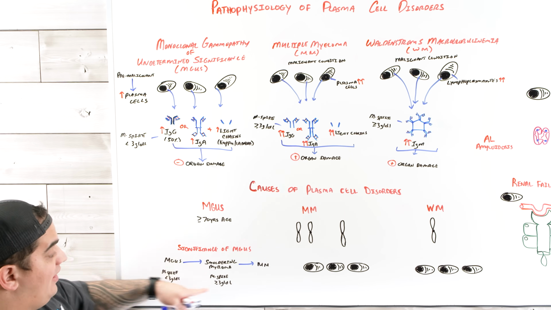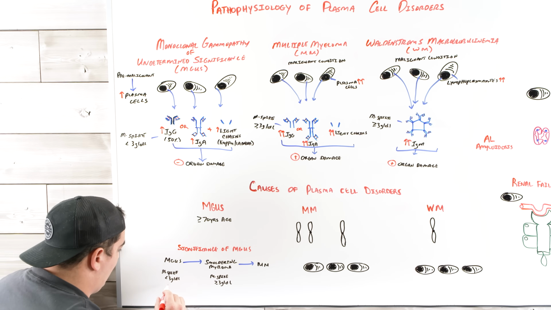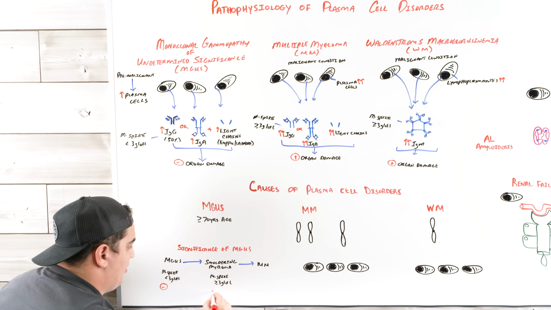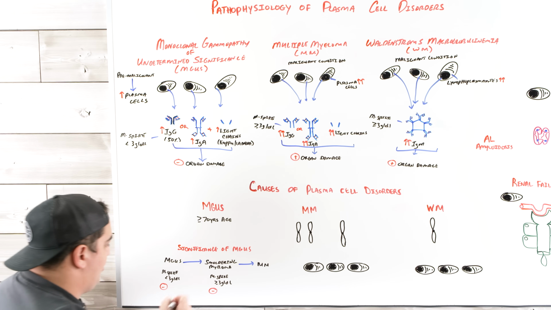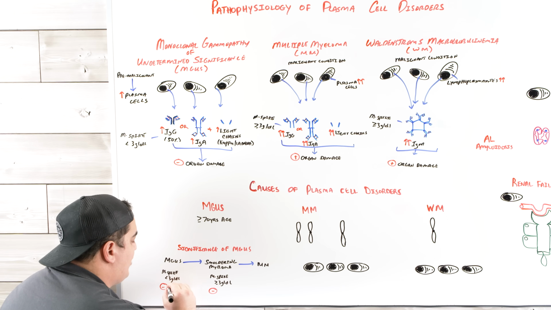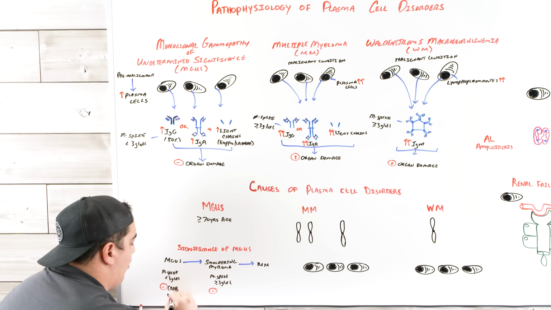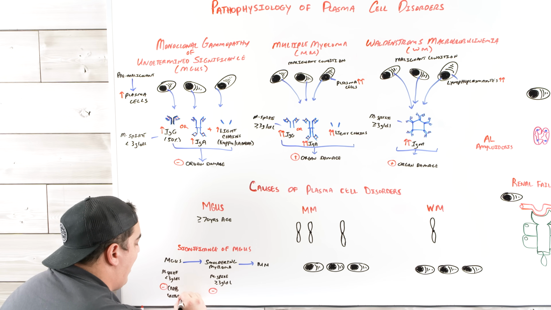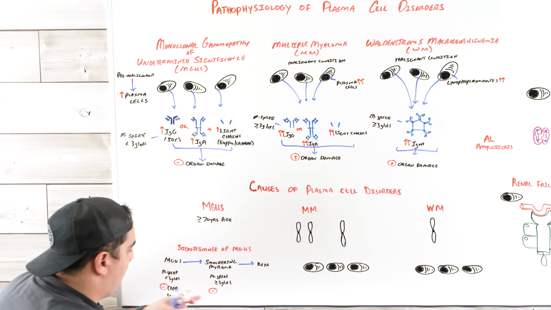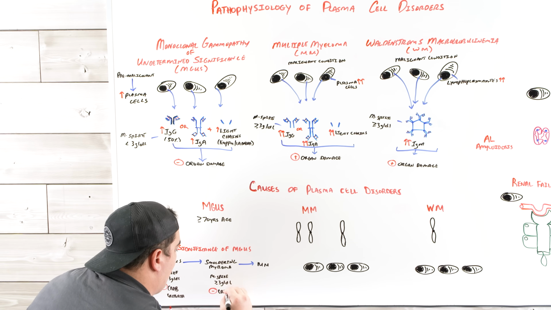No, because in this scenario, guess what? No organ damage. Here, no organ damage. And we're actually going to call this the CRAB criteria. I just want you to trust me for right now. I promise it's the way that they have organ damage, but just trust me. And then here, they're not going to have any CRAB criteria.